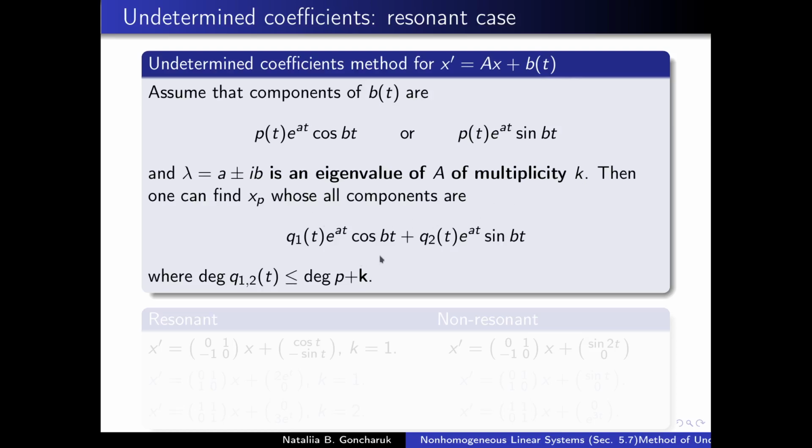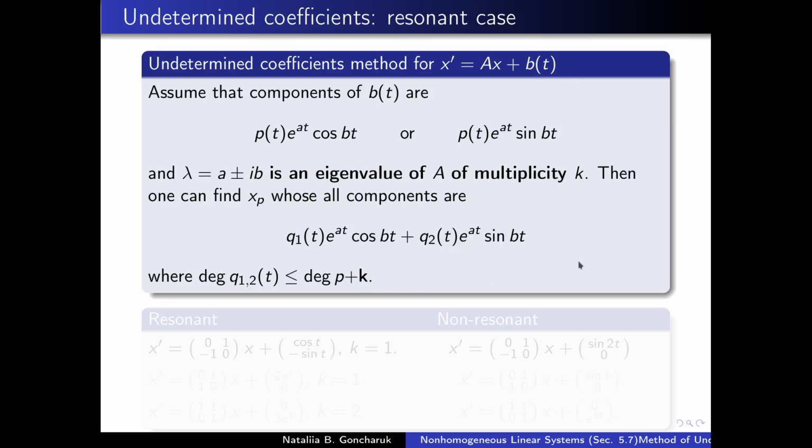Then the form of the particular solution is this, so it looks similar to what we had before, but this time the degree of q is larger. So if lambda is non-repeated as an eigenvalue of A, which means it has multiplicity 1, then you just add 1 to the degree of p.